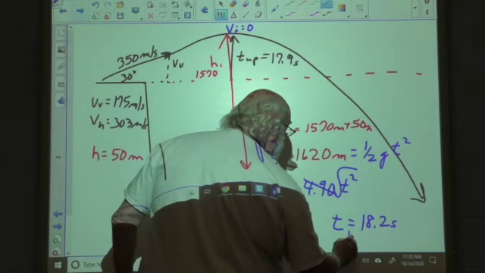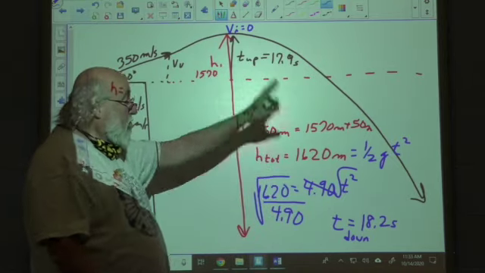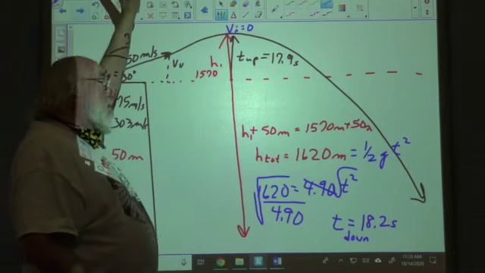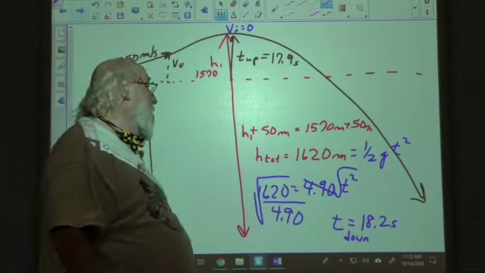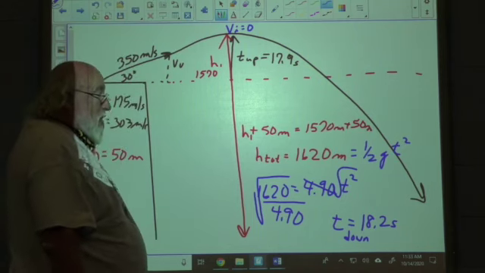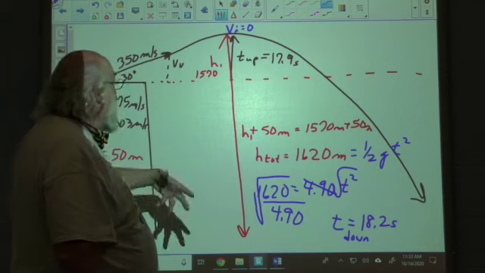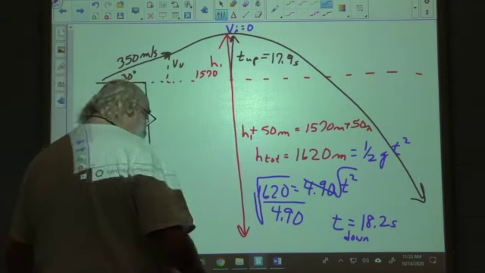So T up was 17.9, T down is 18.2 seconds, which kind of makes sense because that's way up in the air, and this is only like a drop compared to that. It's a little bit more than 3%. So the amount of time should be basically not very much, which is indeed the case.